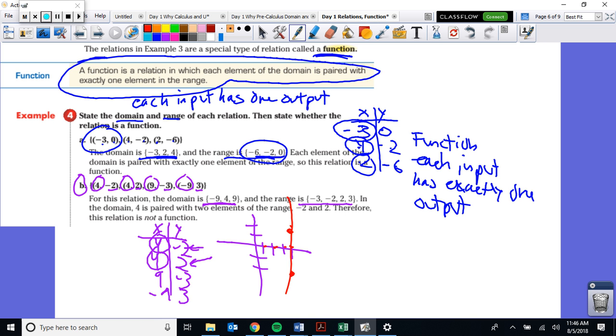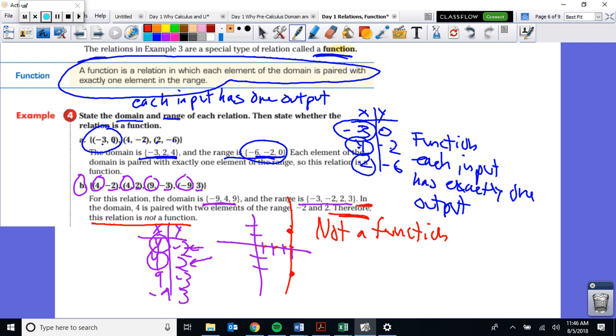It would fail the vertical line test. Every input does not have the same output. It has 2 outputs in this case. So not a function. Therefore, the relation is not a function.